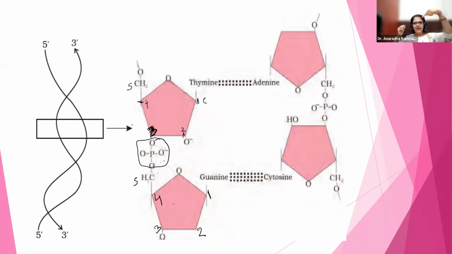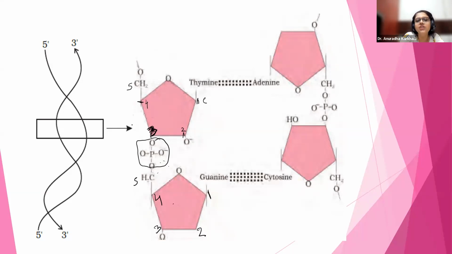So it's going to be a connector. The phosphate formed a bond with the third carbon which is above it, and also with the 5th carbon which is below it. Now, understood what I'm trying to tell you? Correct? 3rd of the first and 5th of the second. Yes, exactly.